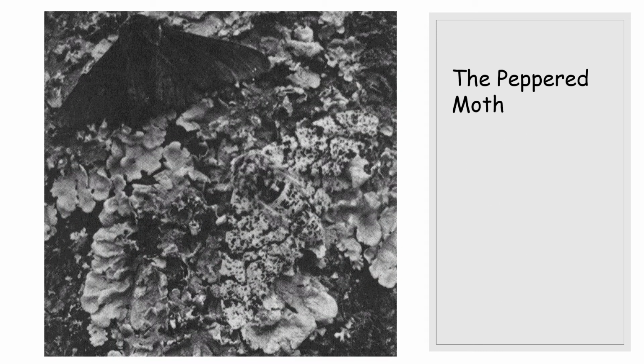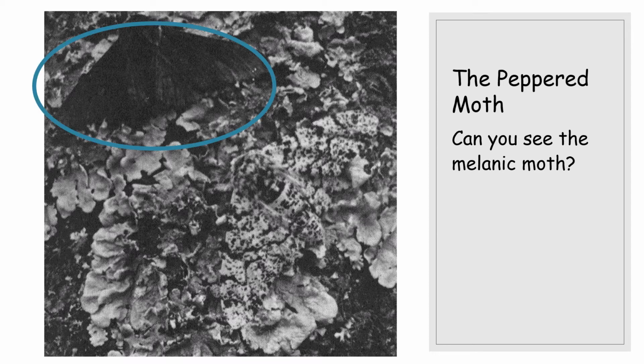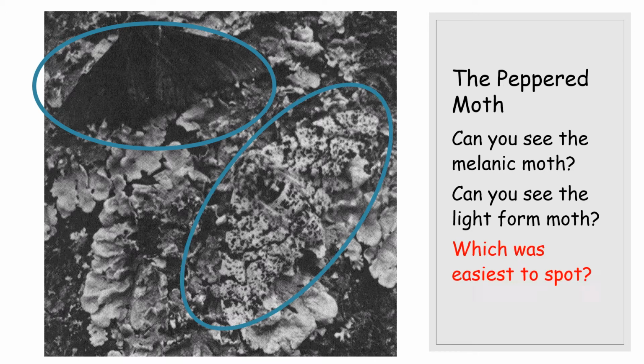This might help. So looking at that picture now, can you see the melanic or dark moth is up here? And can you spot the light form moth? And which do you think was easiest to spot on this example?